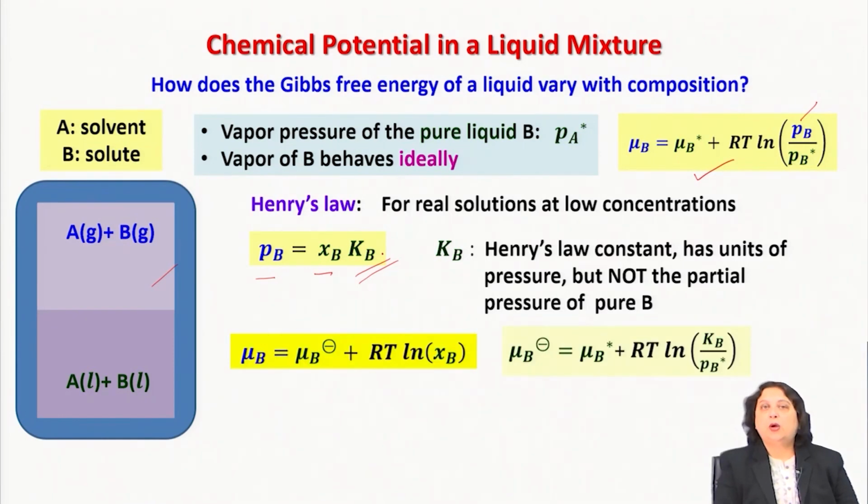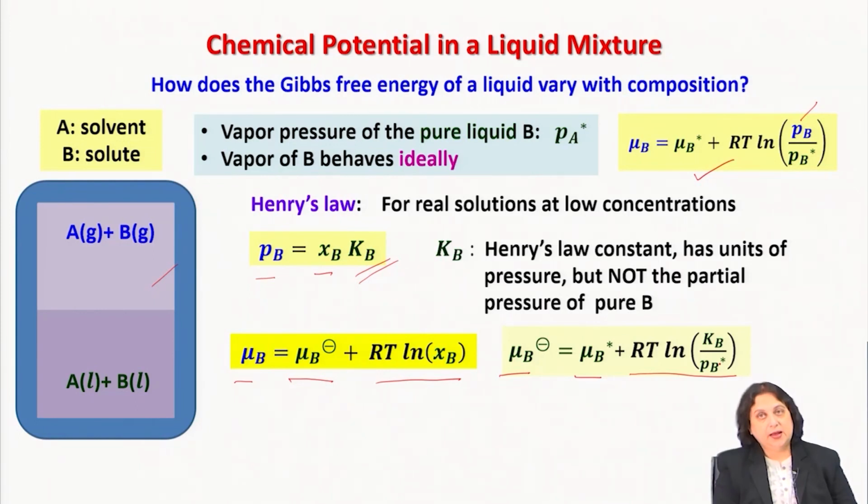And therefore, what one does is one writes down mu B as mu B naught with a special sign plus RT ln XB. So if I use Henry's law, then what is mu B naught? Mu B naught is now mu B star plus RT ln KB by PB star.